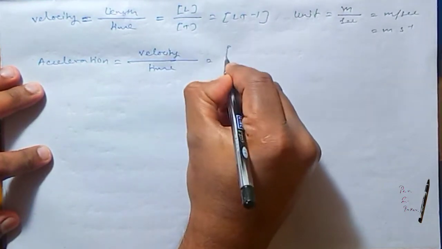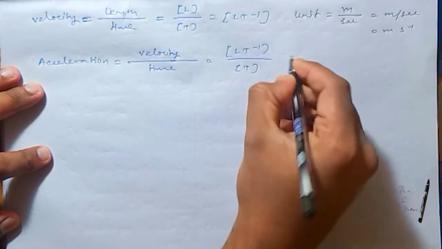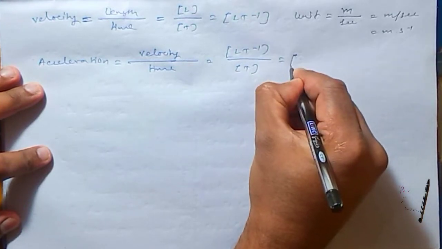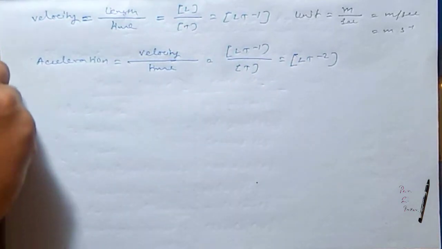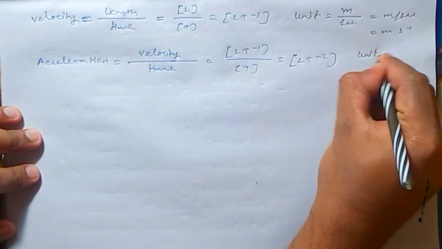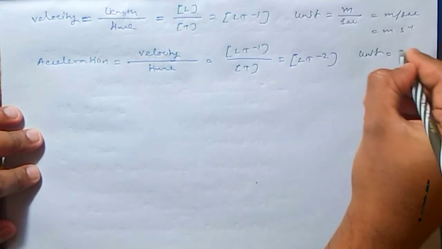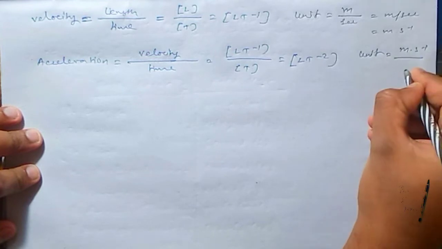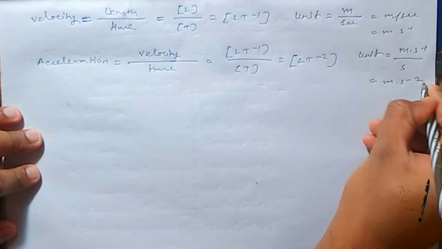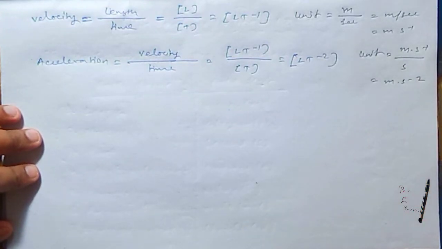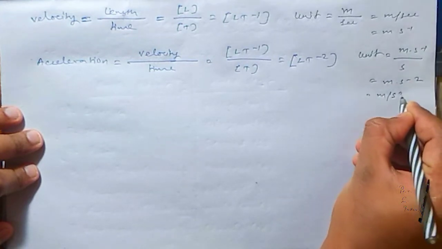We know the dimension of velocity is LT inverse 1 and the dimension of time is T, so the dimension of acceleration is LT inverse 2, and its unit is, velocity unit is meter second inverse 1 and time unit is second, so the final unit is meter second inverse 2, meter per second square.